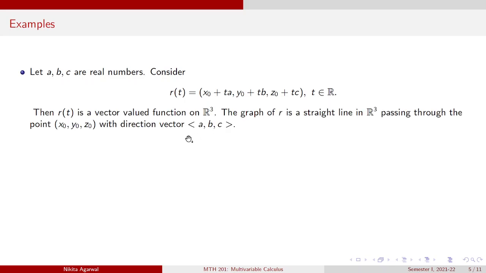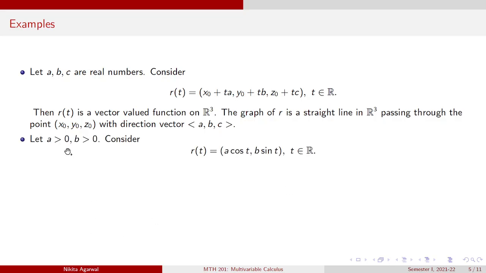Then r(t) is a vector valued function on R3. The graph of r is a straight line in R3 which passes through the point (x0, y0, z0) when t equals 0, and its direction vector is (a, b, c), right, t times (a, b, c). So that's the direction. The same example we also looked at when we were studying paths and curves.